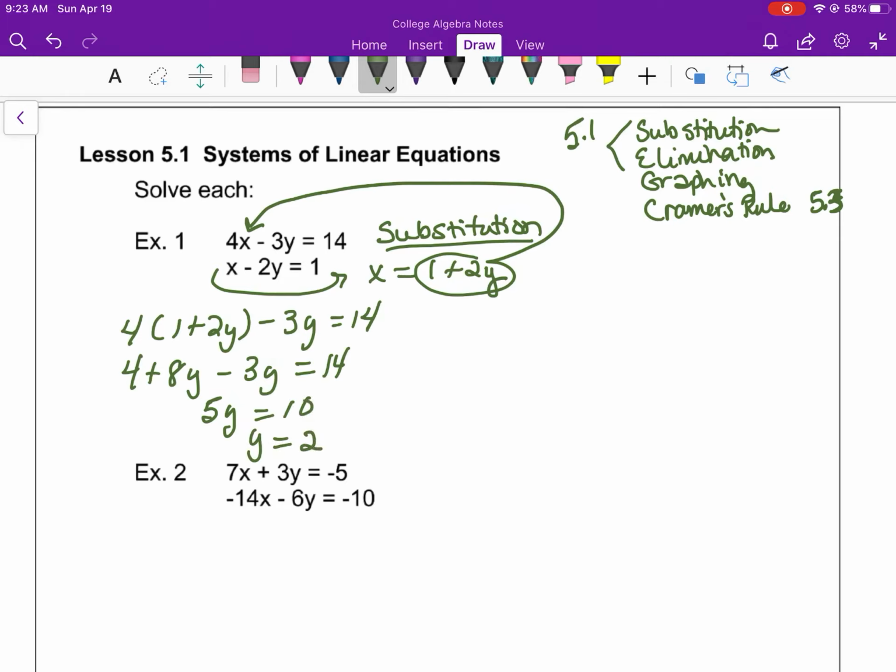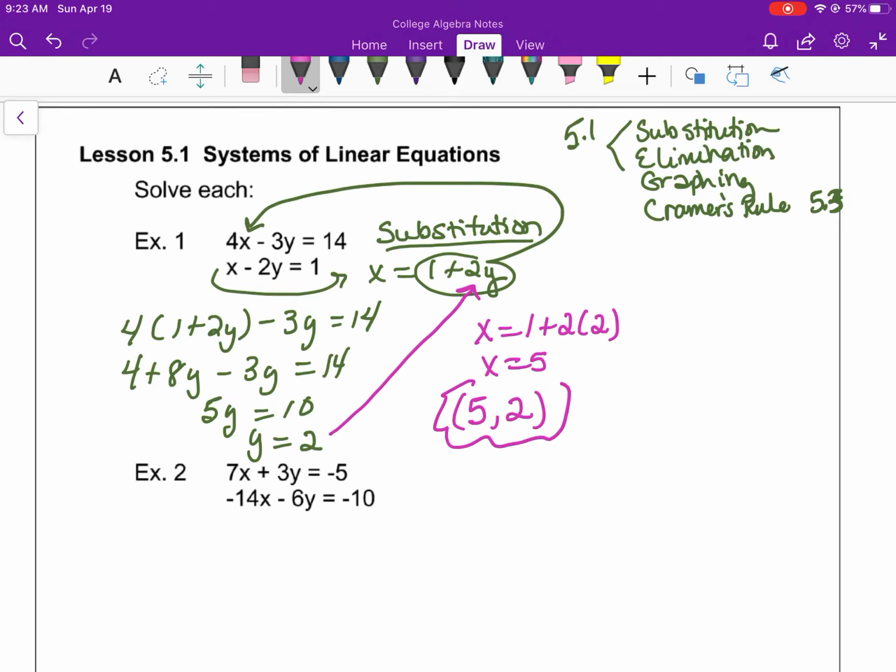We get y is 2. Then we're going to take our 2 and we can just plug it in right here. And we get x to be 5. Now this represents a point of intersection at 5, 2.